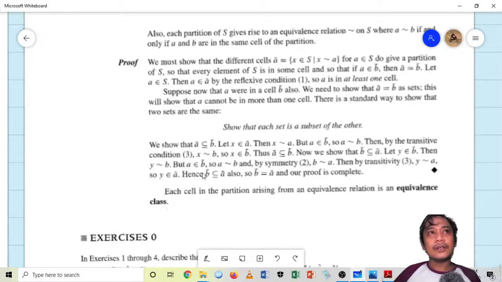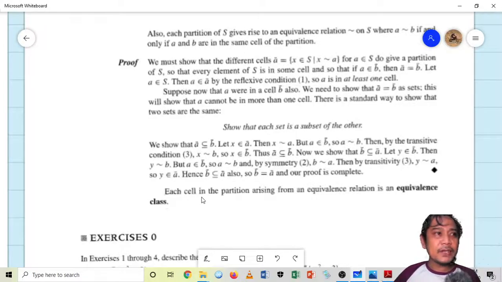Also, if an element A belongs to the same cell containing B, then B is in the same cell containing A, because that is a partition, meaning that relation would be symmetric.